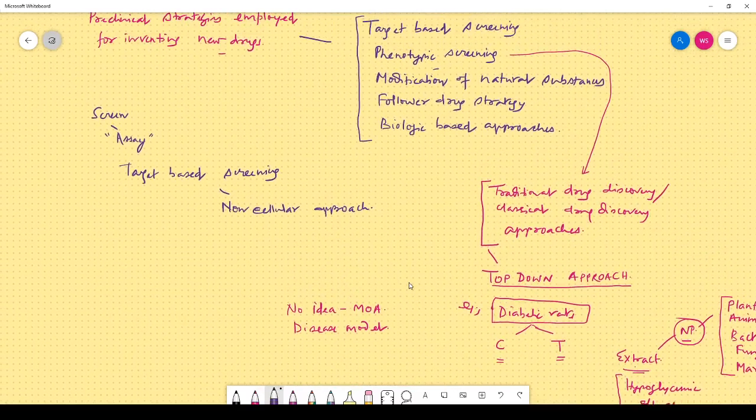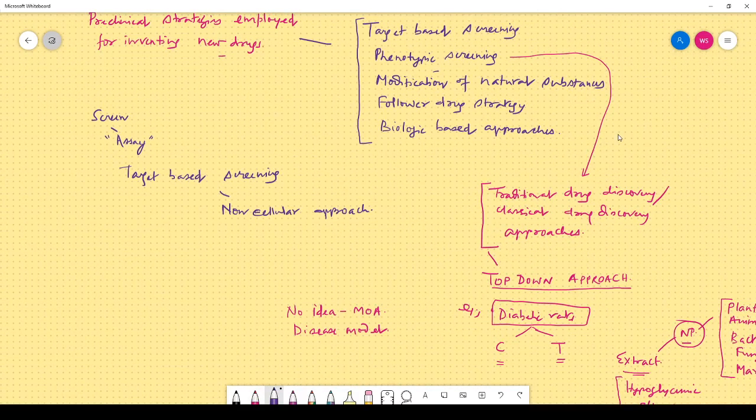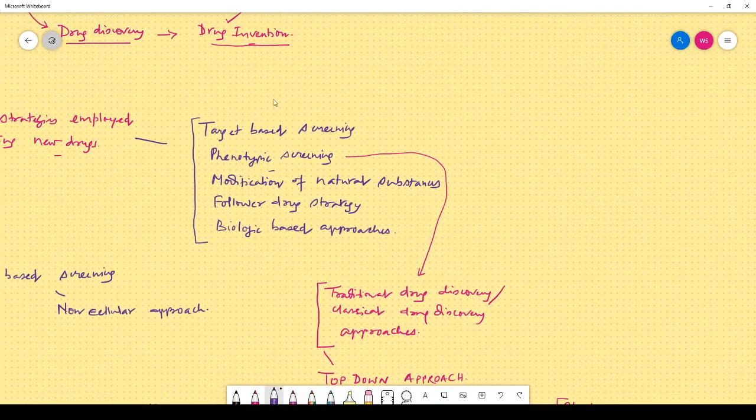On the other hand, the target-based approach is a bottom-up approach. So what is a bottom-up approach? You look at the mechanism of action, and based on the mechanism of action, suppose it has got a receptor.